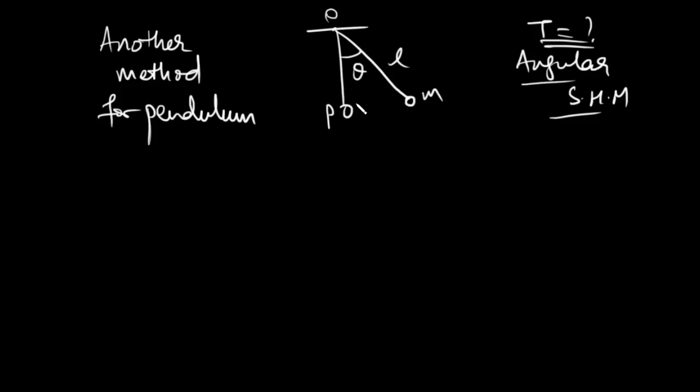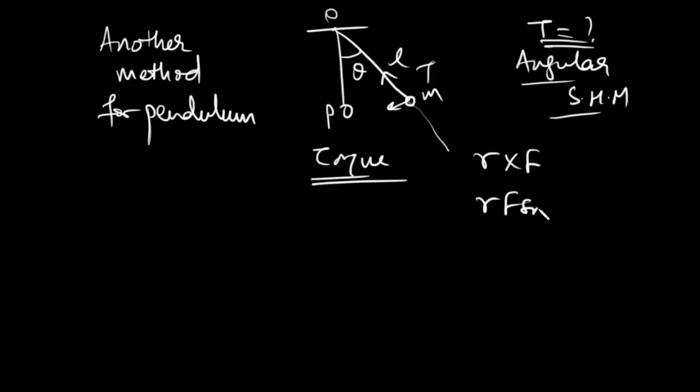First of all, we can see this is rotating, and because it is rotating, a torque must be generated. Tension cannot produce this torque. Why? Because it is along the line joining O and M, and torque is obviously R cross F, which is RF sine phi. Phi is the angle between R and F. But here, if we take tension into account, L and T have the angle 0, or we can say 180, because obviously 0 or 180 either way will give torque as 0.